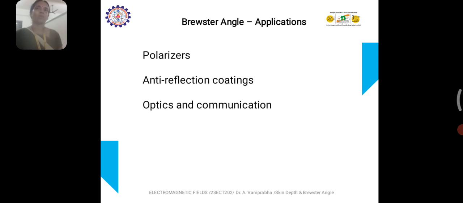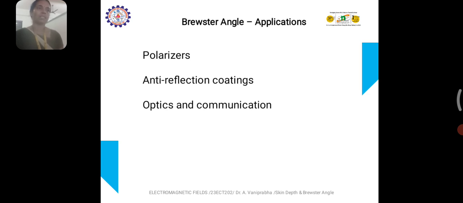Whenever we are viewing an object through a lens, we know the lens is a reflecting medium, and if there is any reflection, we can't view the image properly.